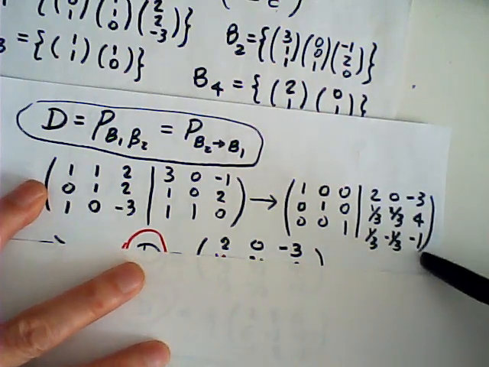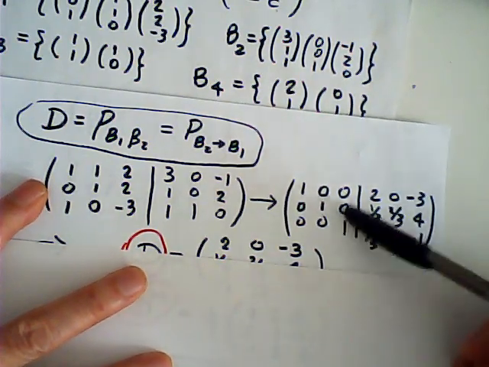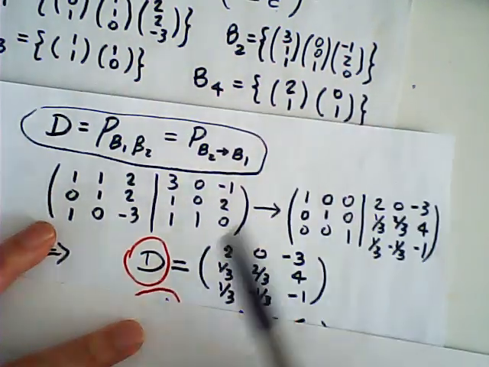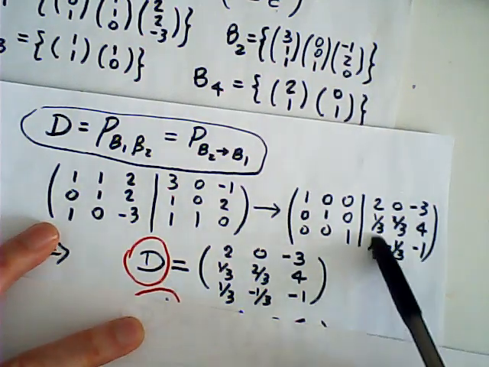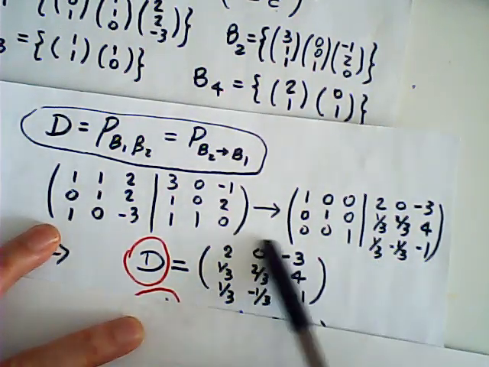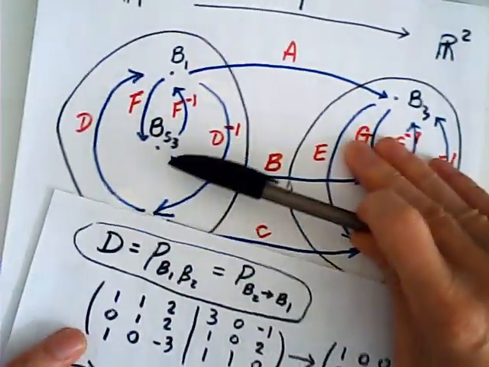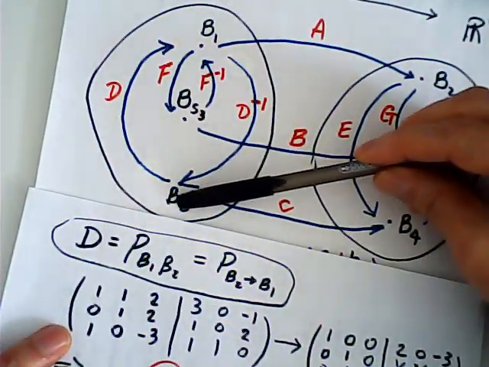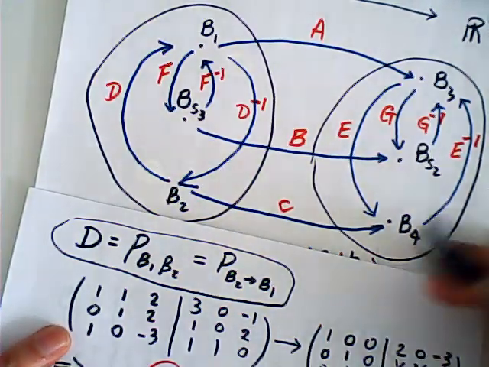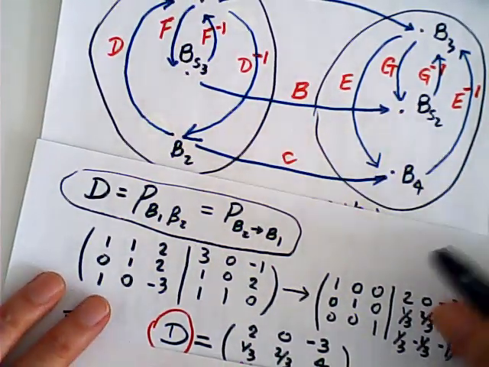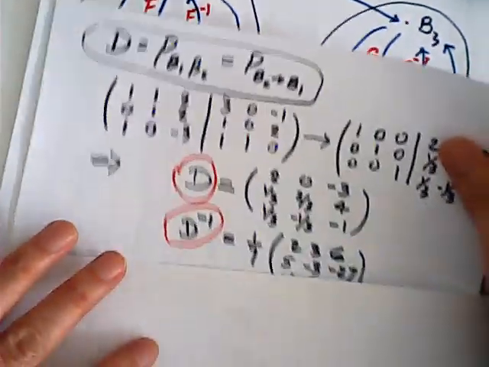And this is D. So this matrix becomes D. D is what? D is change of basis from B2 to B1. Okay.